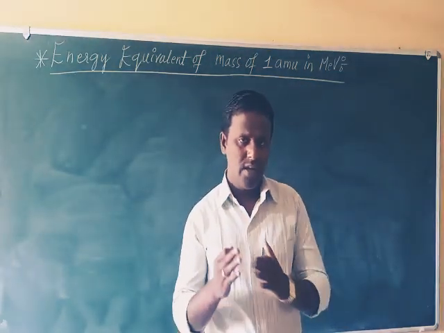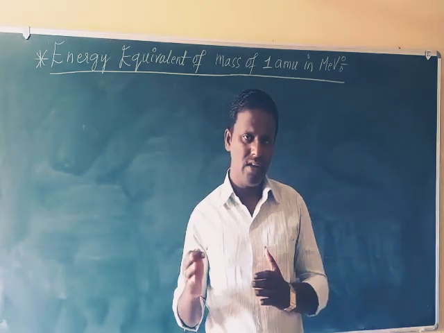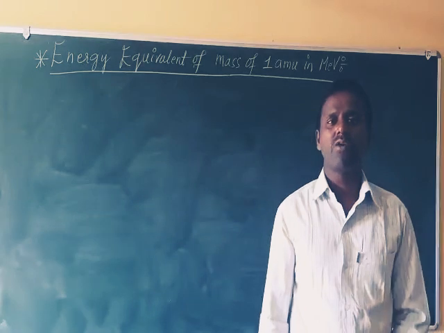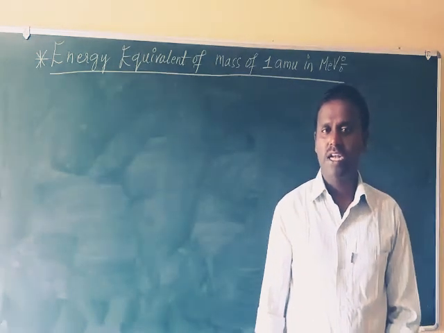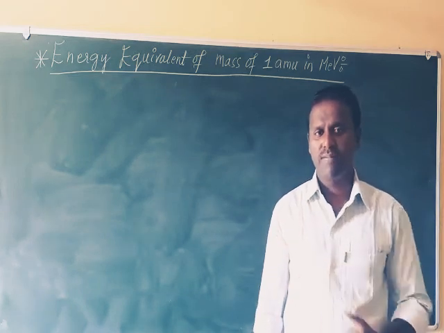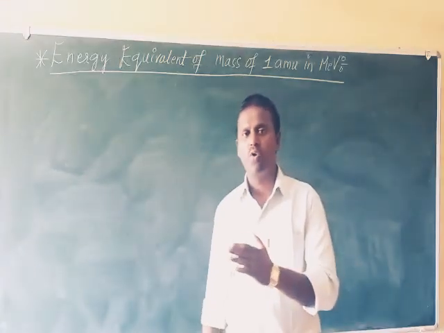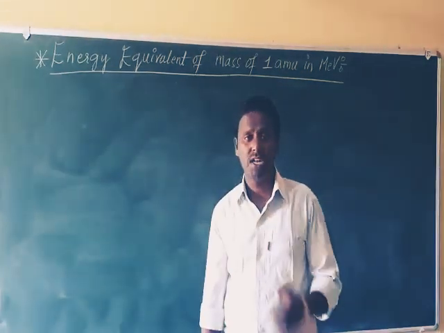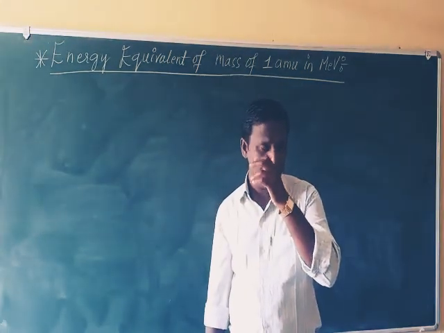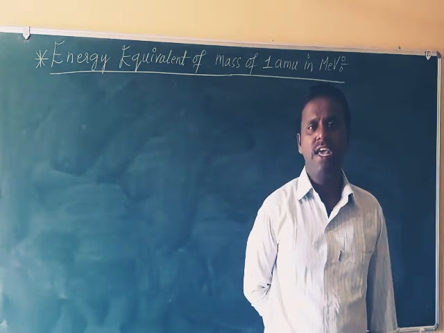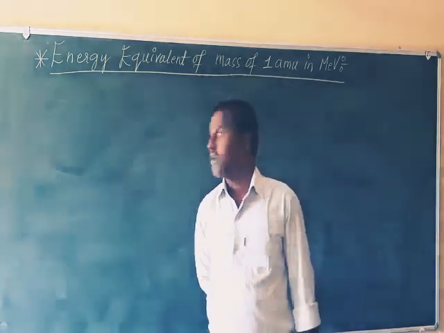You will understand this mass energy conversion in the nuclear reactions. In nuclear reactions, the total mass is converted into energy, and the total energy is equal to the initial mass. So that equation which relates mass energy conversion is E equals to mc square.